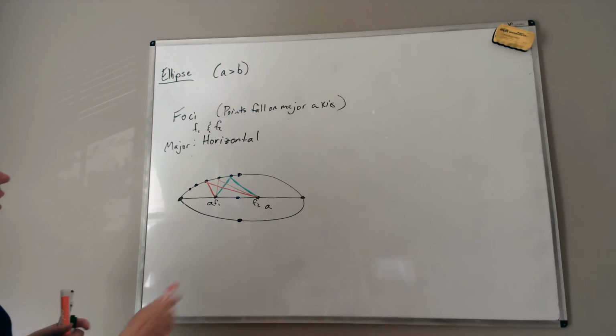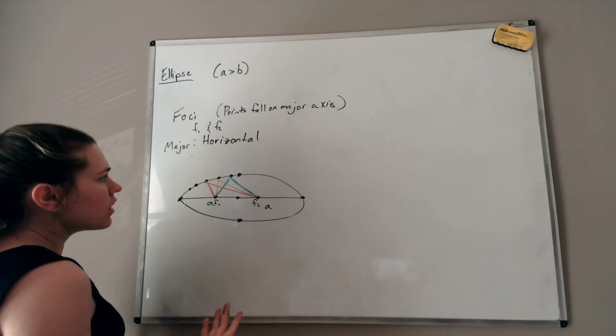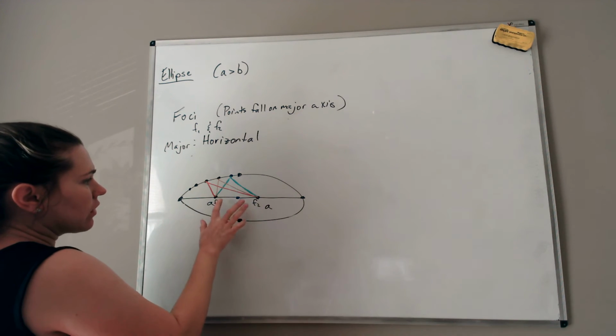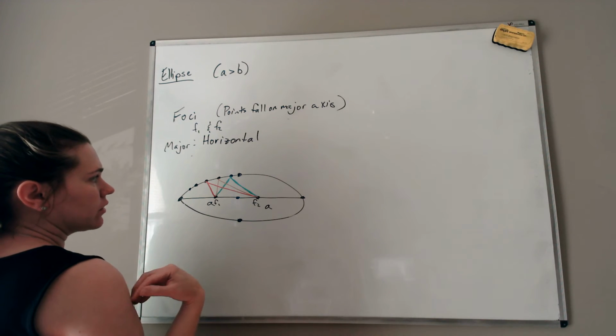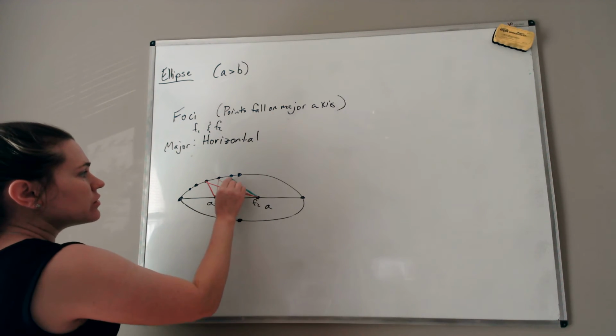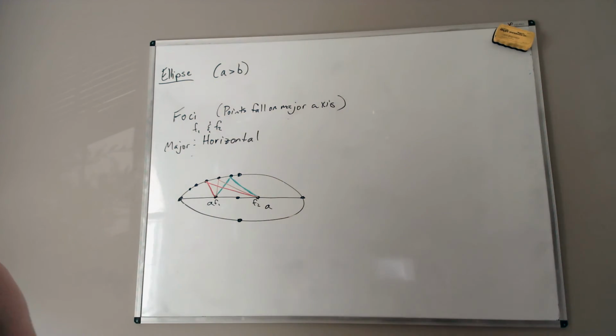And so all of these points that make up this ellipse are all of the points, wherever the two foci are, that when you add up those lengths are all equal. So that's what the ellipse really is.